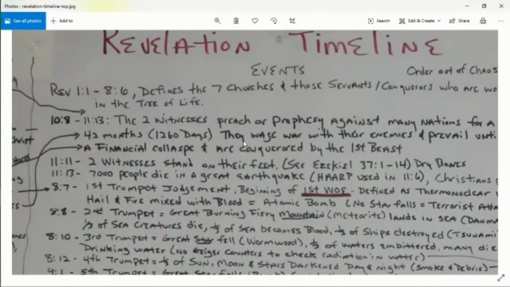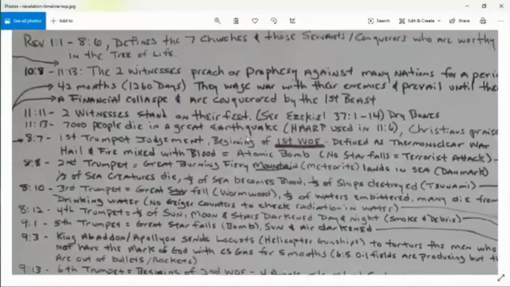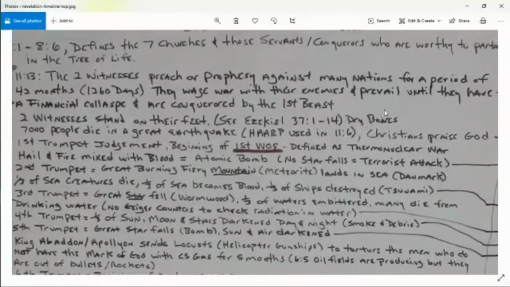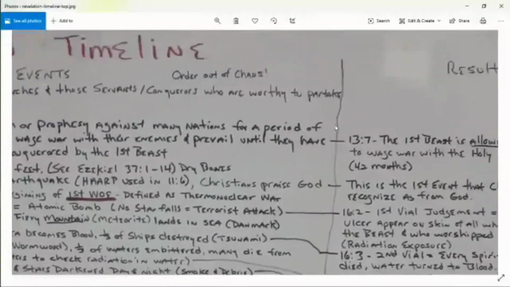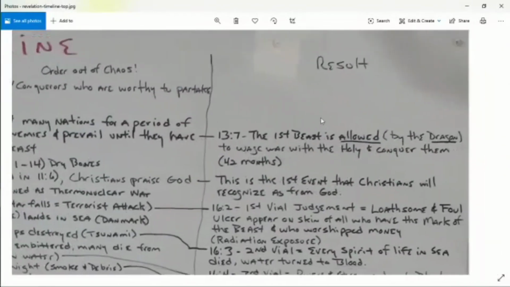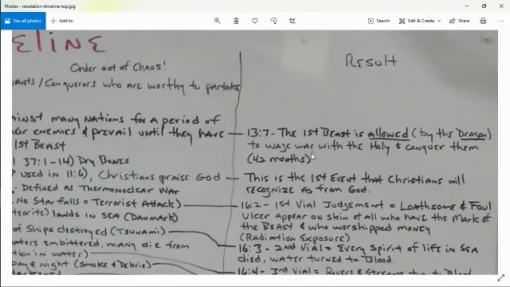Sure. Well, the two lampstands are the Old Testament and New Testament, in my opinion. I agree. And the two witnesses, because the symbolism is still, the house of Israel and the house of Judah, I see the two witnesses as those two houses, because they're the ones who bring the word with them.